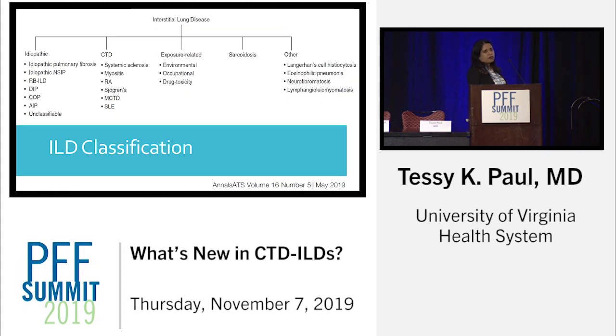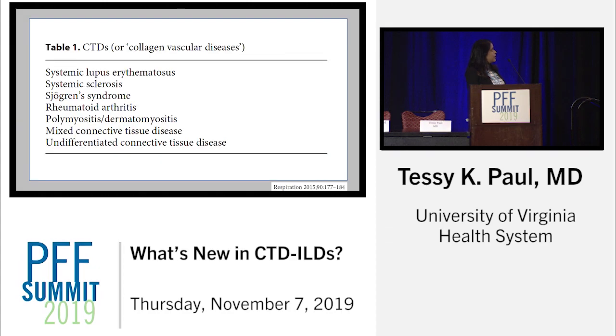So as you heard from earlier talks, ILD is classified according to the etiology, whether it's related to exposure, whether it's idiopathic, and in this case, connective tissue disease related. So the CTDs that I'm going to talk about briefly are lupus, systemic sclerosis, Sjogren's, rheumatoid arthritis, dermatomyositis, mixed connective tissue disease, and undifferentiated connective tissue diseases.